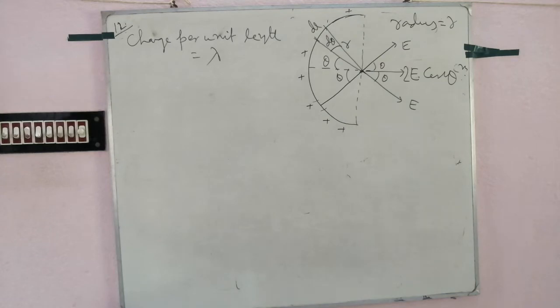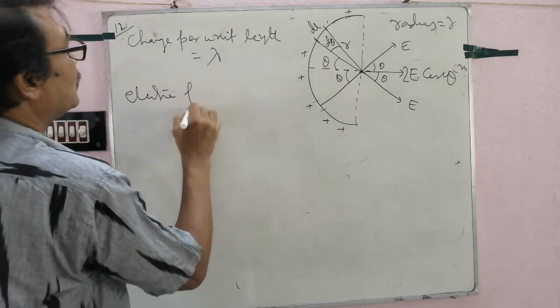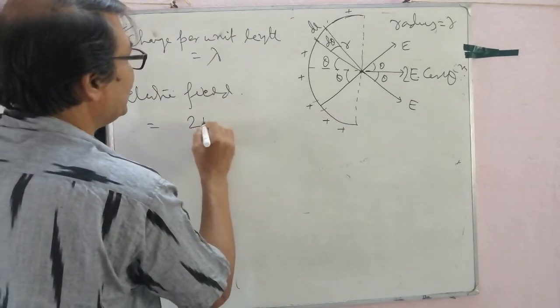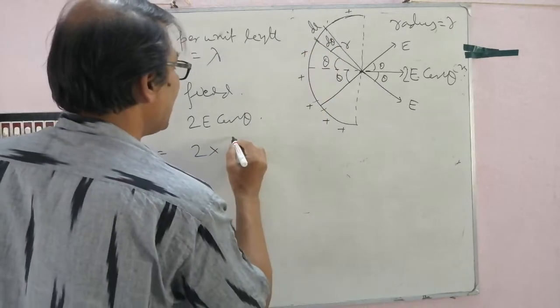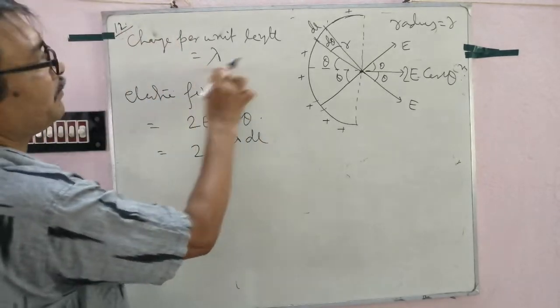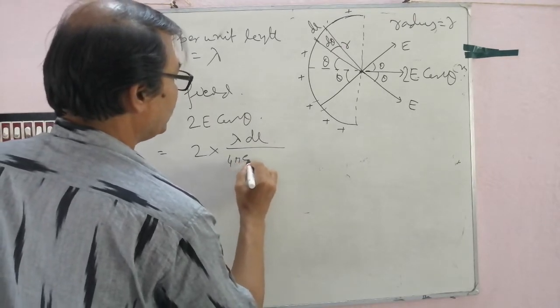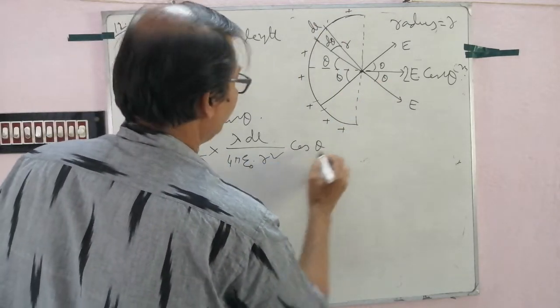Clear? At first, note the total electric field at the center: 2E cos theta, that is 2 into E, where E means lambda dl, the charge for length dl, total charge lambda dl by 4 pi epsilon naught r square, this distance r is the radius, into cosine of theta.